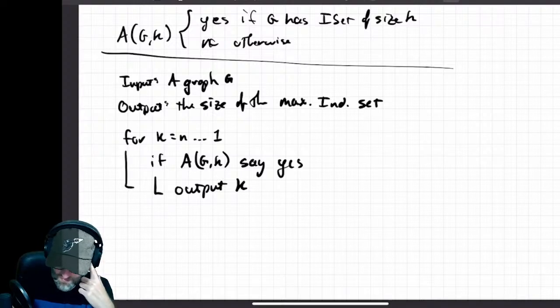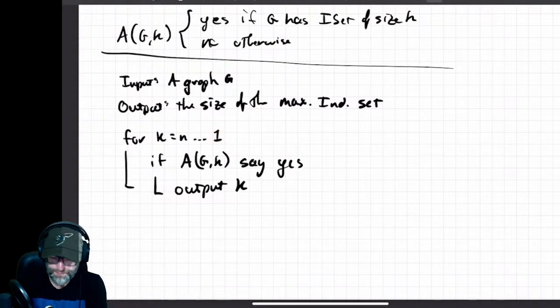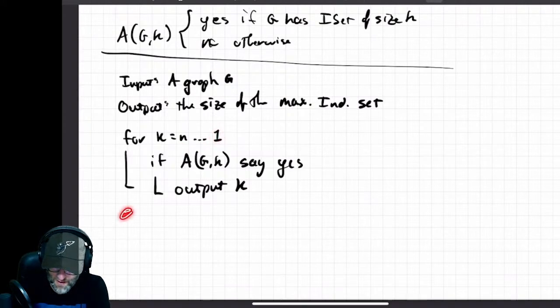Otherwise, I mean, you don't have an otherwise here because eventually you will get down to 1, and unless it's an empty graph, the answer will be one of these things in here. It could be a trivial 1, right? And so I don't need an else down here or another case or anything like that. It eventually will say yes.